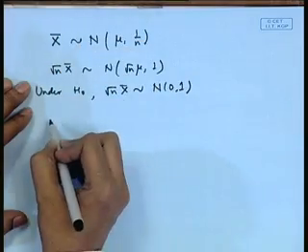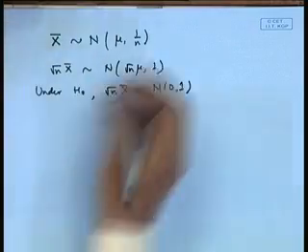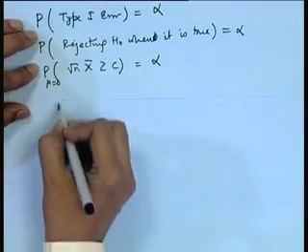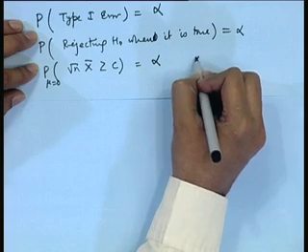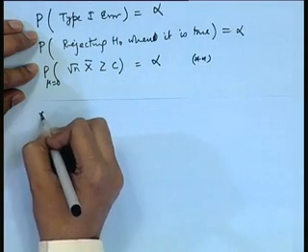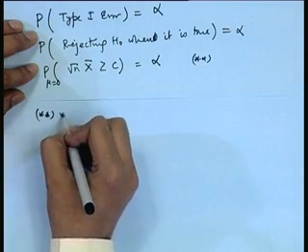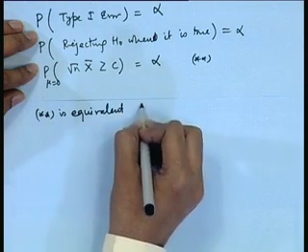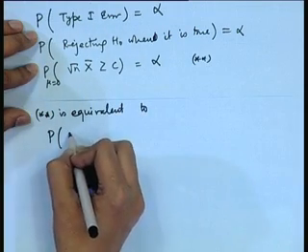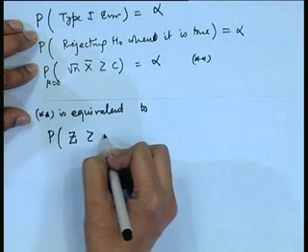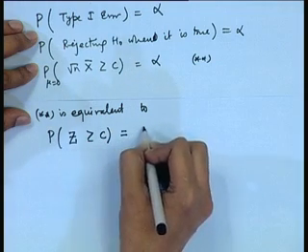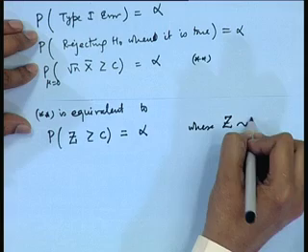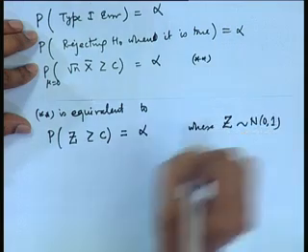So, from here the statement that probability, with mu equal to 0, let me call it, say, statement double star, is equivalent to the probability of Z greater than or equal to c is equal to alpha, where Z is a standard normal random variable.